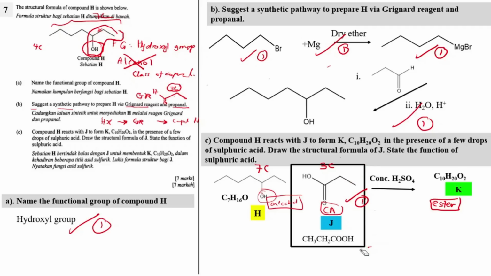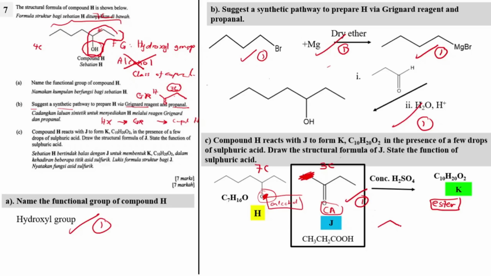And for the sake of learning, we can also try to identify the ester, because you know that when alcohol reacts with carboxylic acid, the OH here will be removed, and then the H here will be removed in order to eliminate water. So the oxygen will be attached directly on this side here.